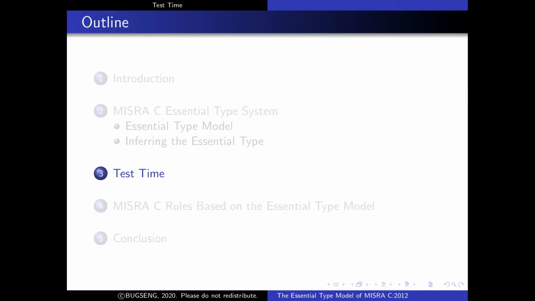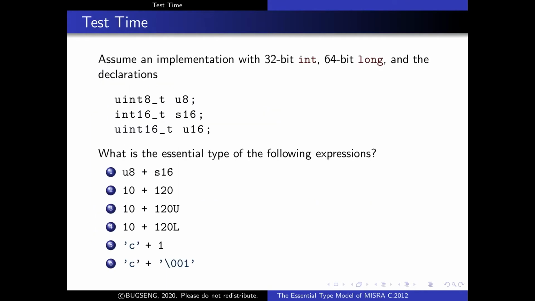Okay, so it's time for a small test to see if you have grabbed the philosophy of the essential type model. Among the tests I could have chosen, I've chosen the most complex one.